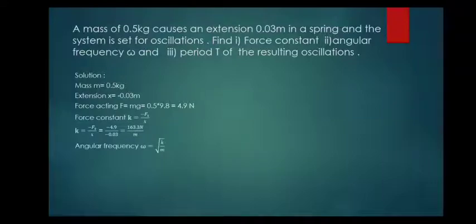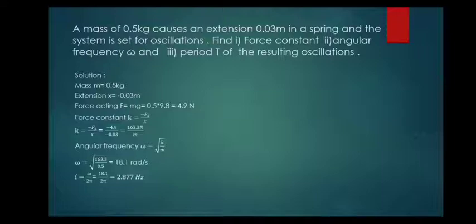To calculate angular frequency omega, we have the formula ω = √(k/m). k is already found, 163.3, divided by mass 0.5, which is equal to 18.1 radian per second. Frequency is related to angular frequency as f = ω/2π.